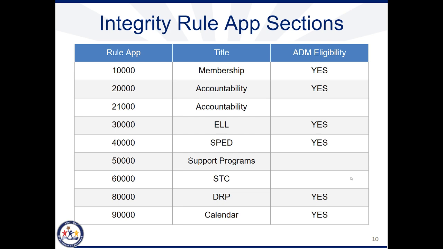Membership and the rules that have a direct impact on ADM are the 10,000 rules. There's some ADM impact for the accountability rules in the 20,000s. Then you'll see the 30,000s and 40,000s are for SPED and ELL, and those also have some impact on ADM. And then there are all the different subcategories for the different types of integrity rules.